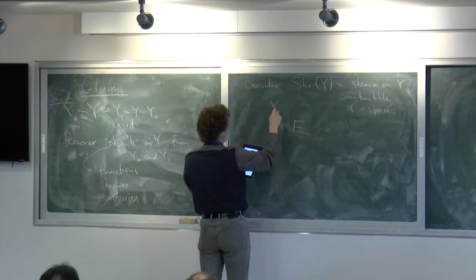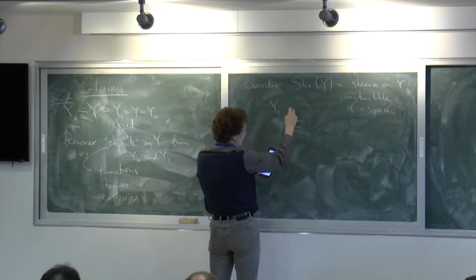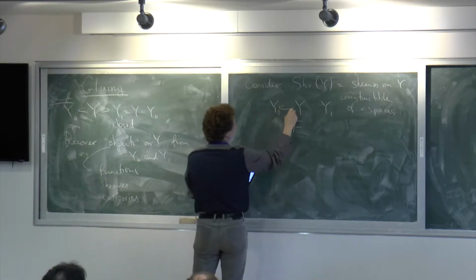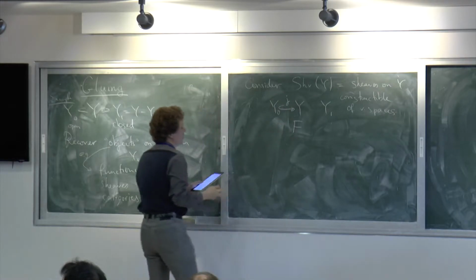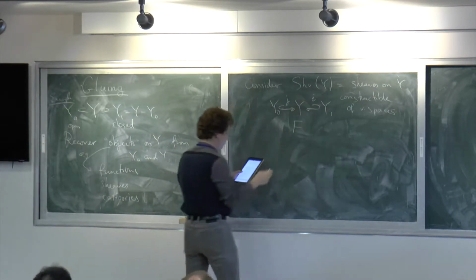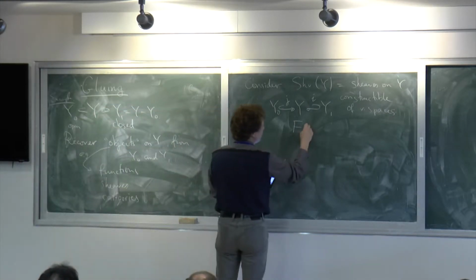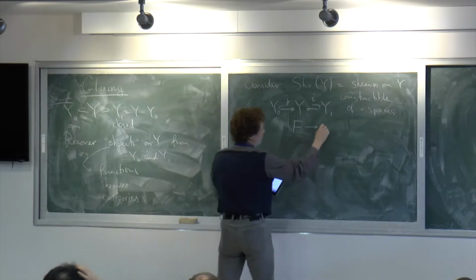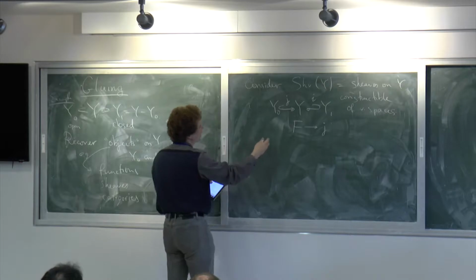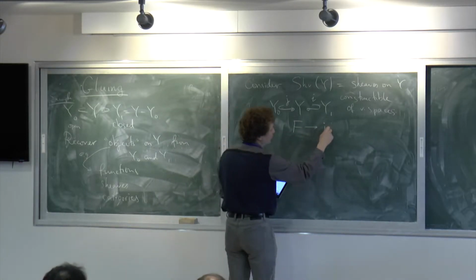So let this be Y, Y0, Y1. So there's an open embedding and a closed embedding. And what we can do, we can send F to the sheaf of sections that are allowed to have singularities along Y1.